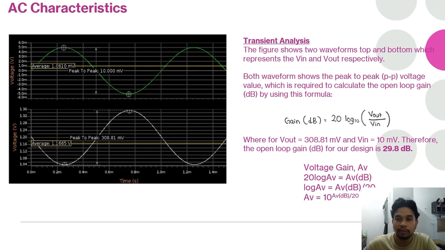For both waveforms we show the peak to peak voltage, and we use this formula, gain dB equals 20 log 10 V out over V in, to calculate the open loop gain. And then when we obtain the open loop gain, we will calculate the voltage gain using the open loop gain. So the open loop gain for our circuit is 29.8 dB.